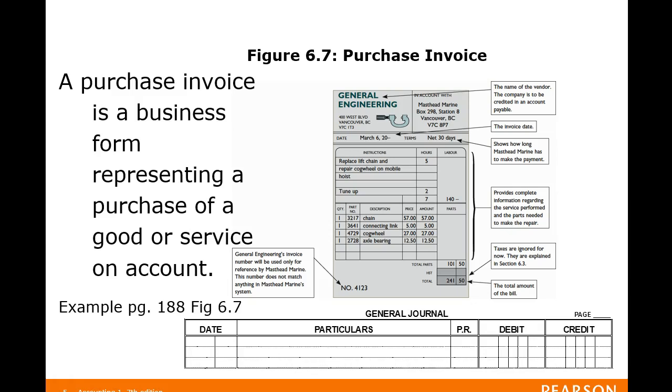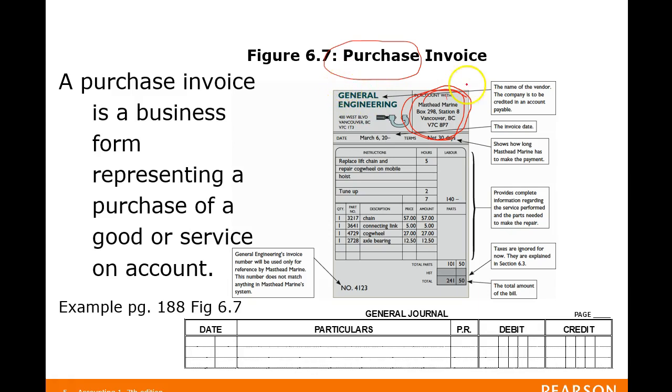So now we're going to look at something called a purchase invoice. And so a purchase invoice looks very similar to a sales invoice, only it's from the point of view of the customer. So if we were Masthead Marine, in this case we are, we have purchased something from General Engineering. So this is the company that we purchased something from.